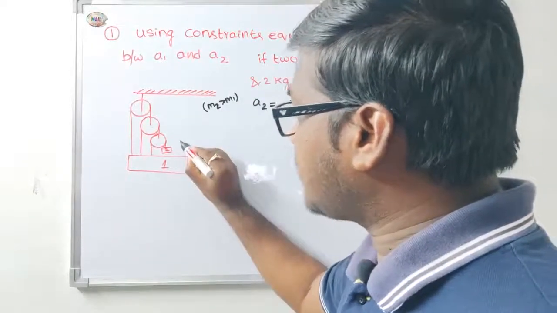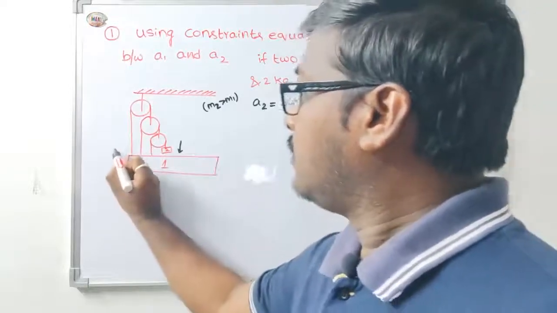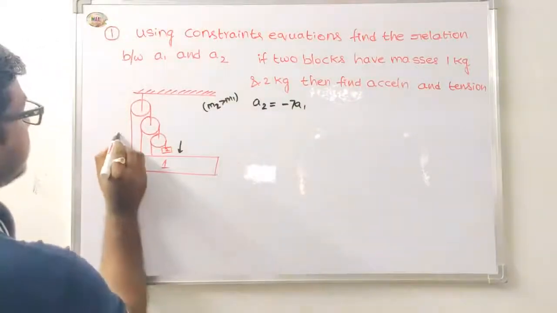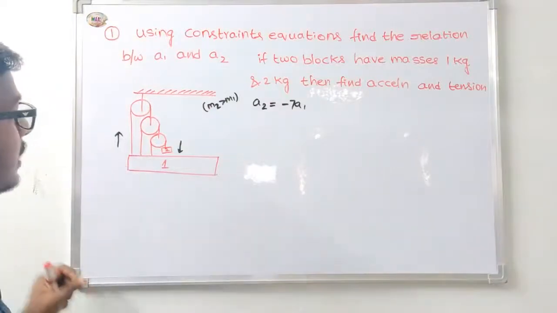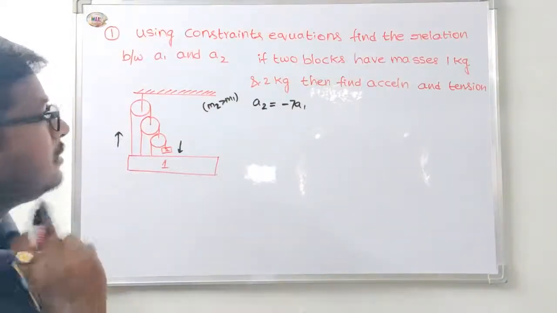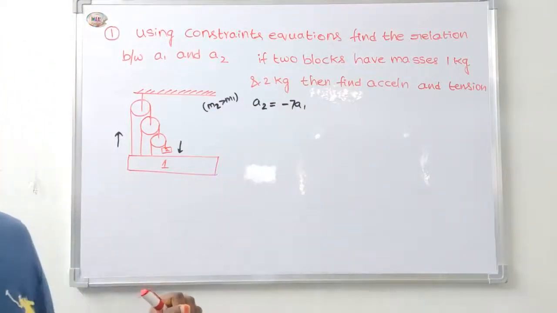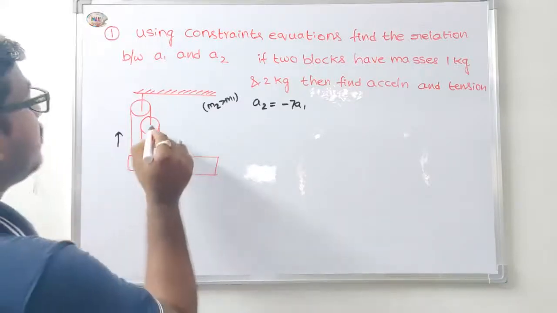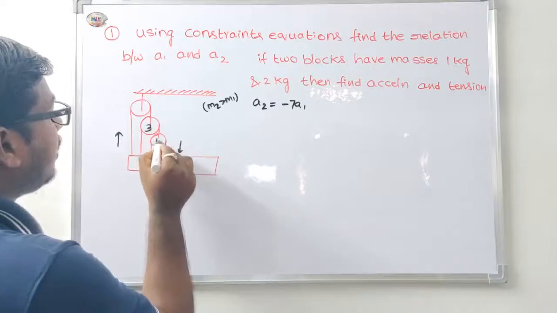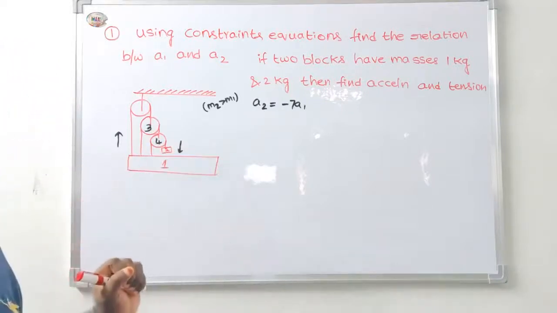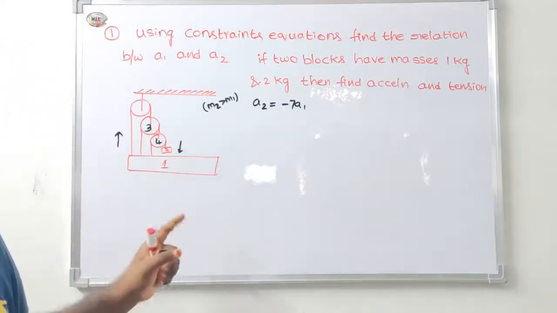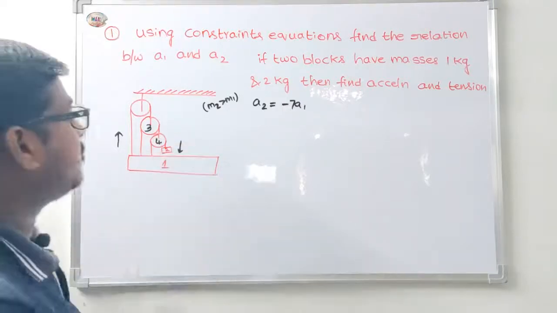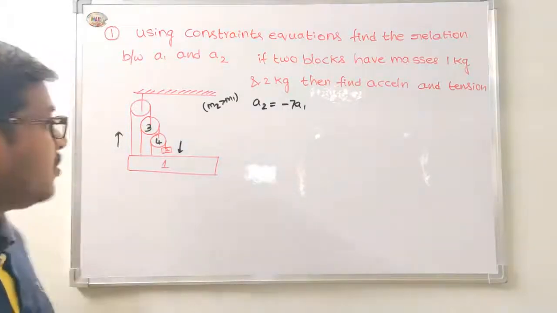The acceleration acts in the downward direction for the heavier block, and the other block moves upward. Let us consider pulleys 3 and 4. They are massless, hence the net force on them should be 0.